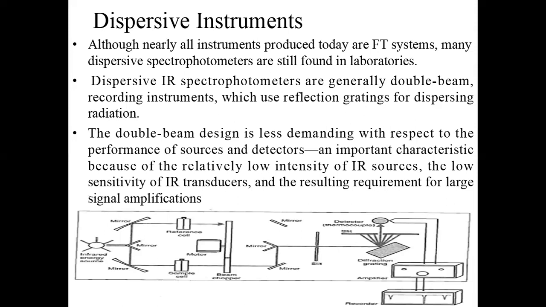Then it passes through the diffraction grating which diffracts the light at different angles, and two types of slits are used which direct the light towards the detector, and at the end the light is detected, and we get the record or spectra from the recorder.